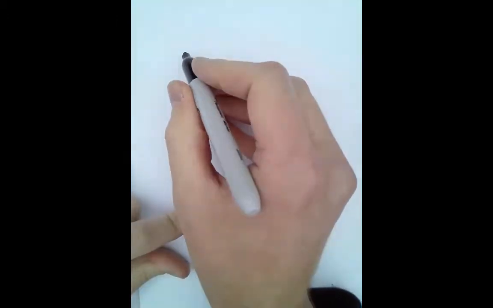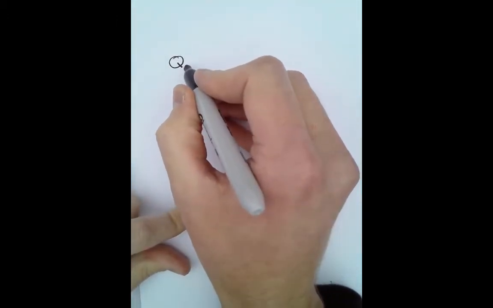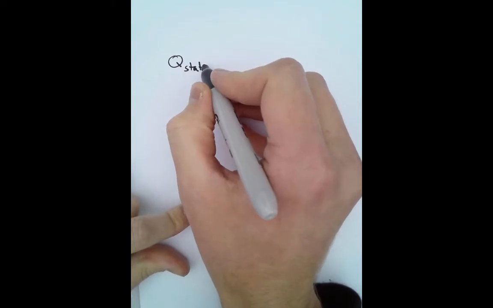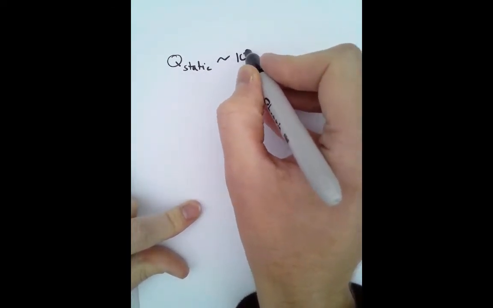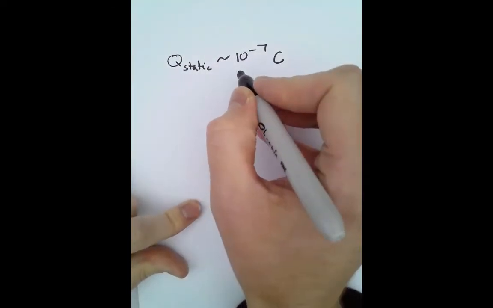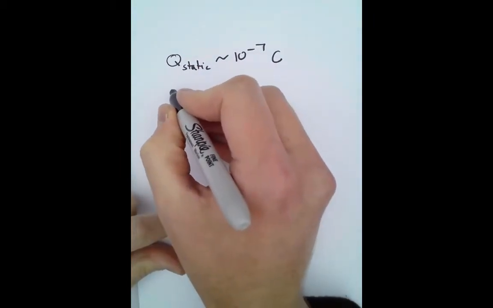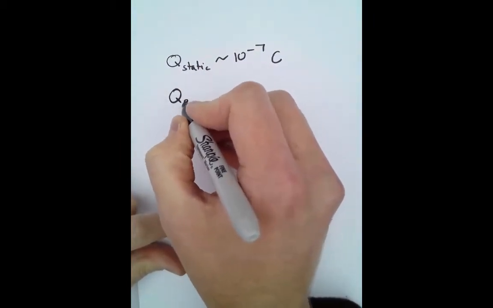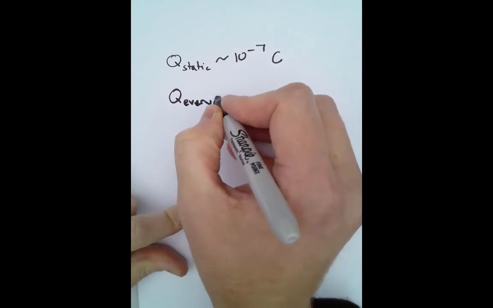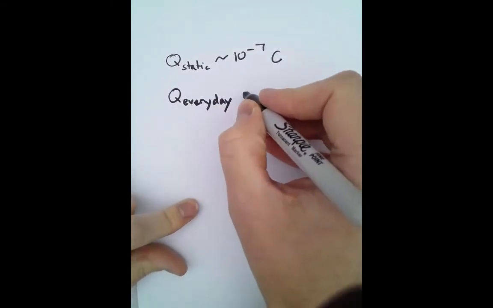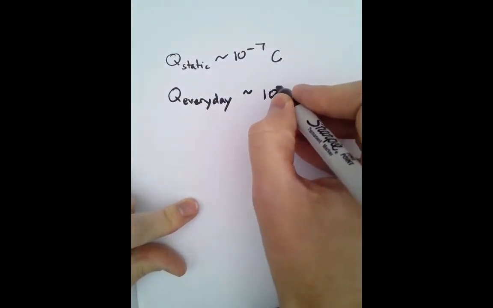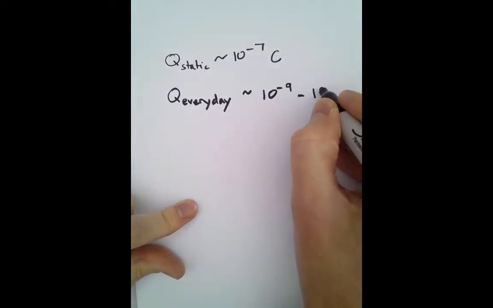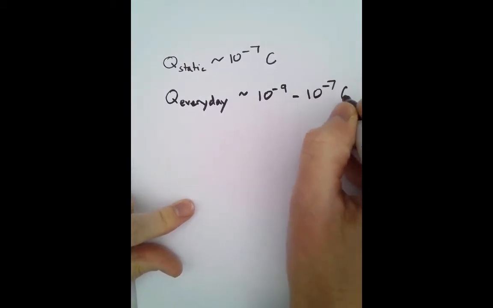So the static charge we came up with was roughly 10 to the minus 7 coulombs. Generally, in everyday situations, the amount of static charge you encounter is in the ballpark of 10 to the minus 9 to 10 to the minus 7 coulombs.